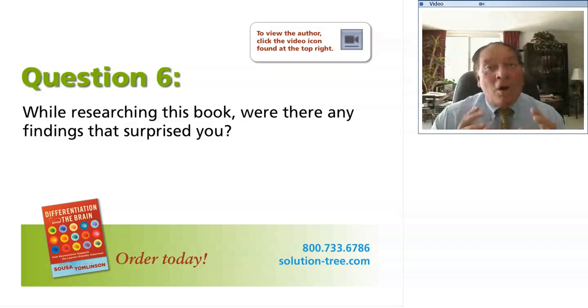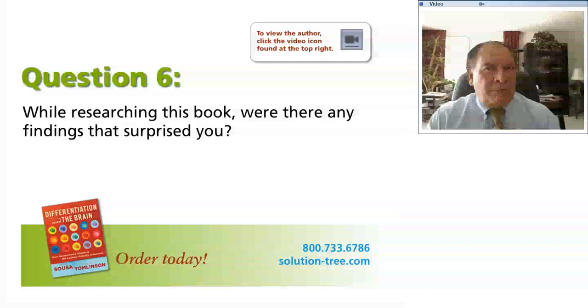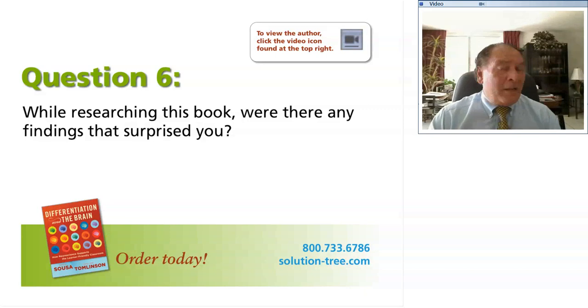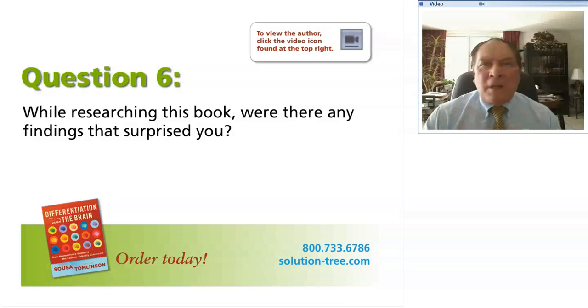This is called having a fixed mindset, a belief that no matter how hard you try, you're not going to do any better. But the truth of the matter is the brain has incredible plasticity. One of the things we've learned from neuroscience in the last few years is how plastic the brain is, how the environment can influence its growth.